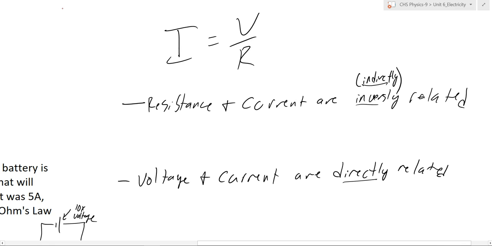So if something is inversely related, that means if resistance goes up, then the current is going to go down. Or if resistance goes down, current goes up. Basically they do the opposite.